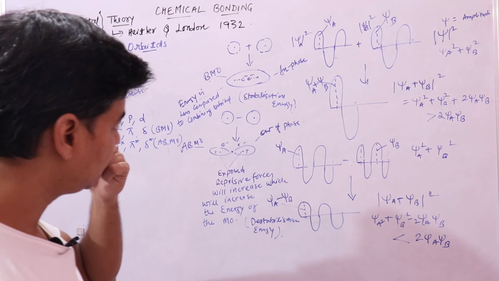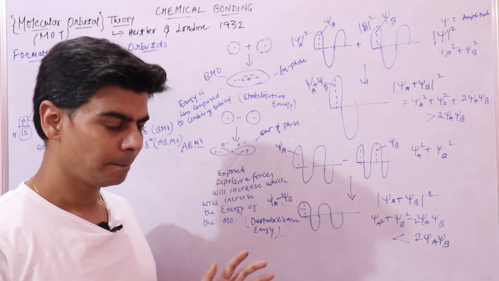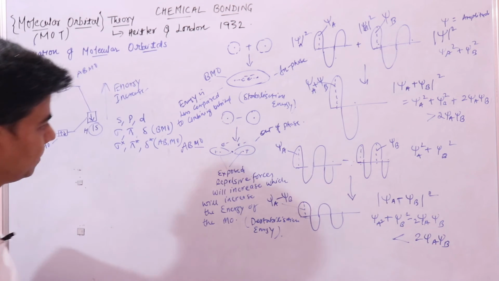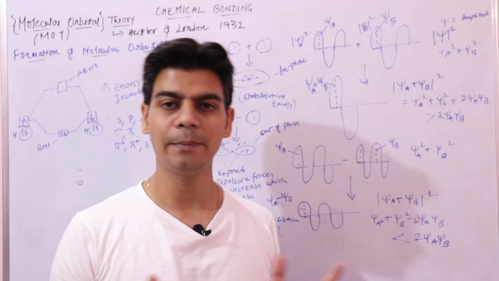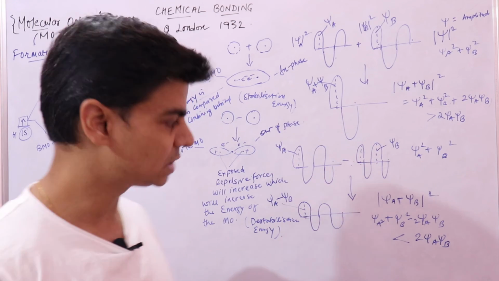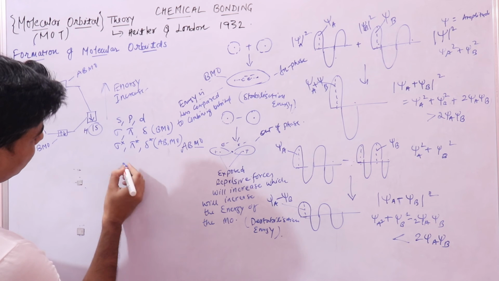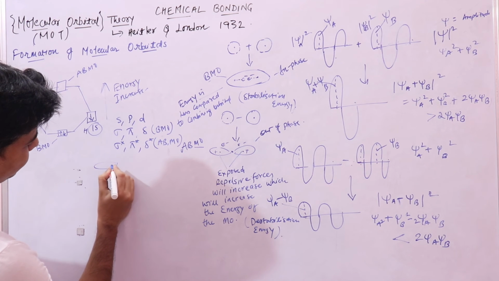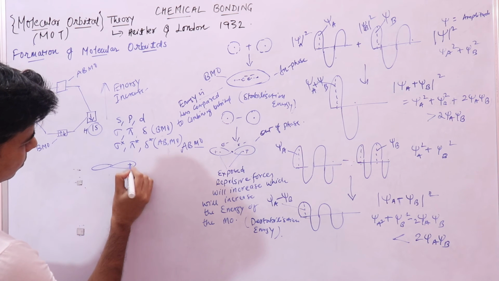And these bonding molecular orbitals are formed when atomic orbitals overlap head on, when same sign atomic orbitals, for example p orbital plus p orbital, overlap.